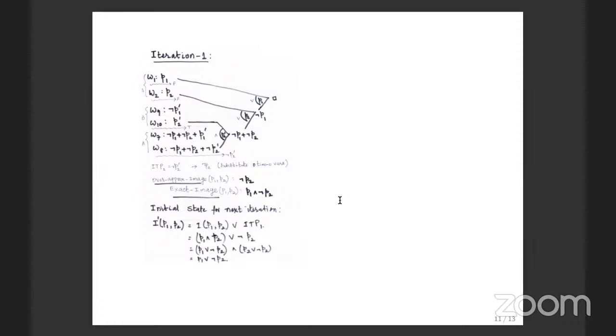So I will defer this to later, but I want to quickly get to talking about PDR, property directed reachability, in the next 10 to 15 minutes, just an introduction, and then I will get to more details in the next class when Ratnakar is also back healthy. Okay.